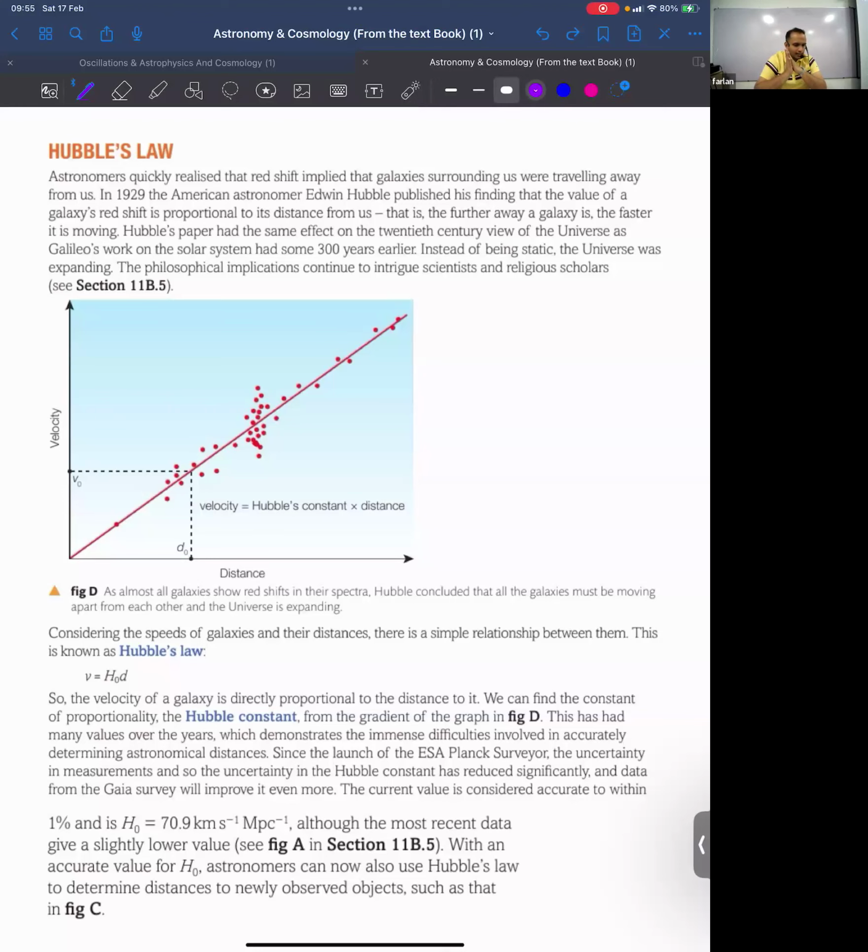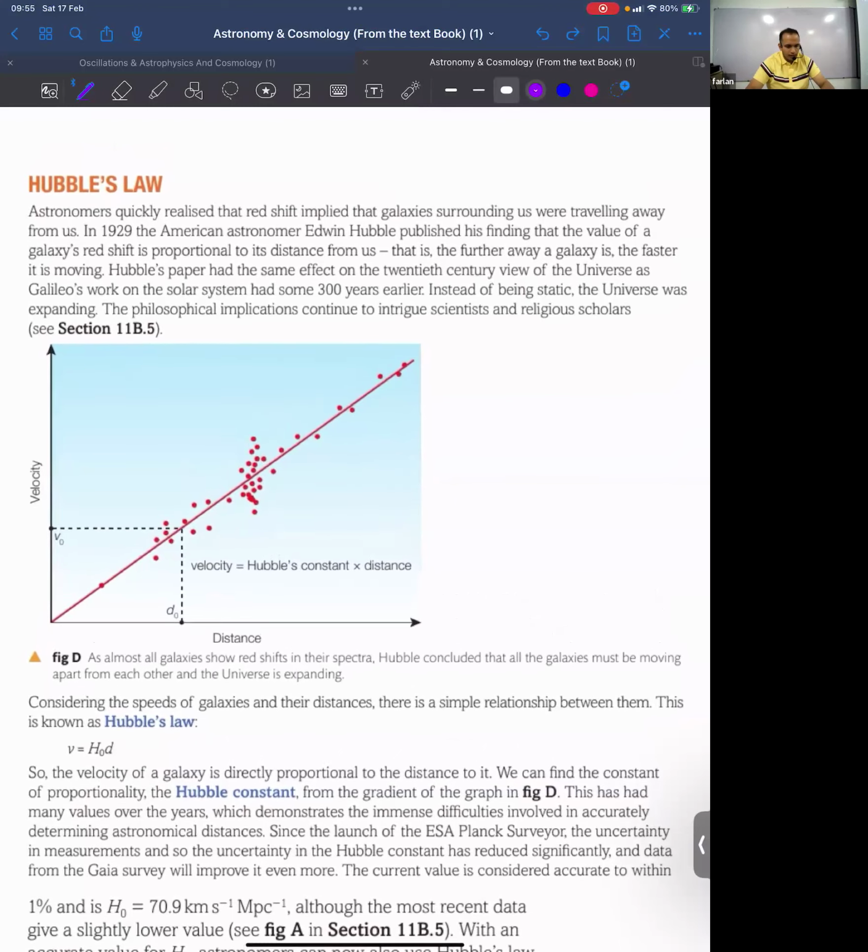Astronomers quickly realized that redshift implied that the galaxies surrounding us were traveling away from us. In 1929, the American astronomer Edwin Hubble published his finding that the value of a galaxy's redshift is proportional to its distance from us.